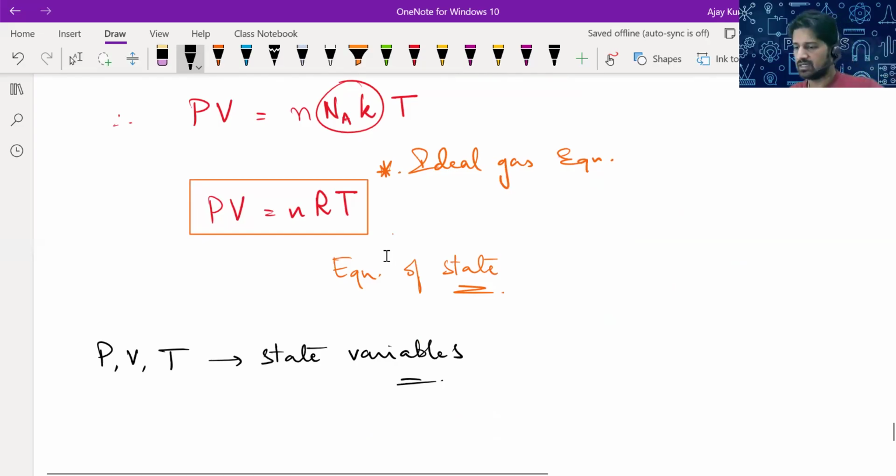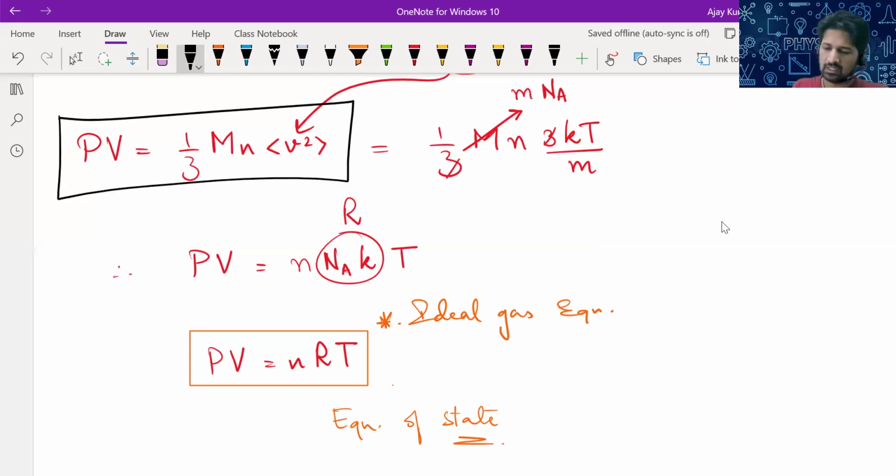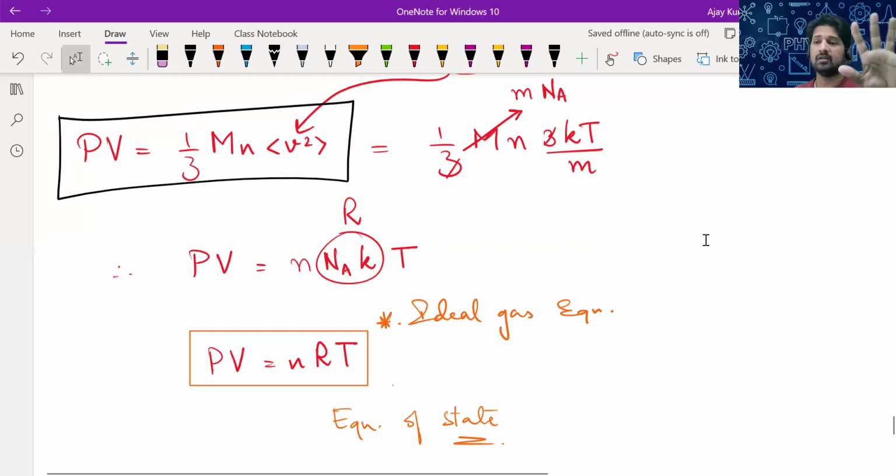So the important ideas in today's class would be how pressure is related to the speed of gas molecules, PV is equal to 1 by 3 mnv square. Another important idea is Maxwell's law of equipartition of energy. You need to know what degrees of freedom are. Monoatomic gas has 3 degrees of freedom, diatomic gas has 5, and polyatomic nonlinear gas has 6.